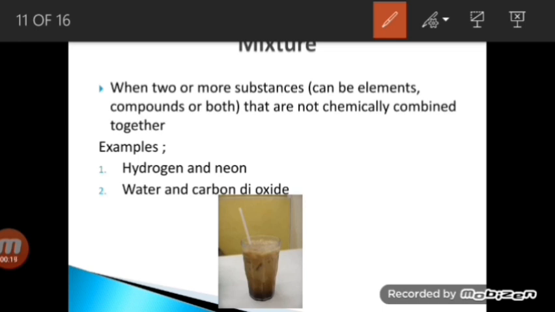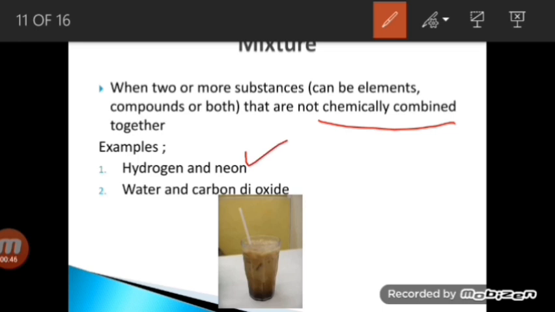These things are not chemically combined in a mixture, so it's very easy to separate them out. So basically, a mixture is made up of two or more substances that are not chemically bonded. This is the major difference between a mixture and a compound: in a compound, the constituent elements are chemically bonded in a fixed ratio, whereas in a mixture, the constituents are not chemically bonded.